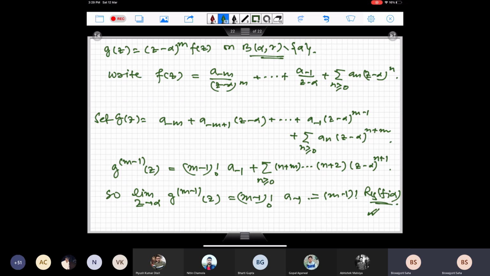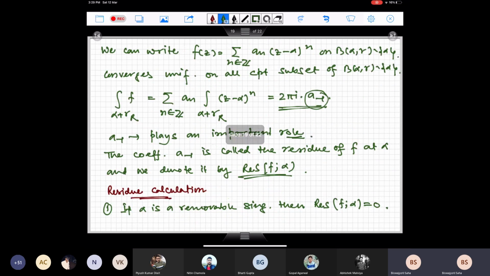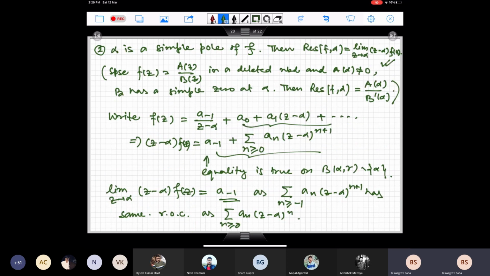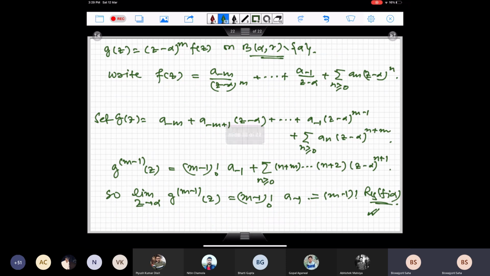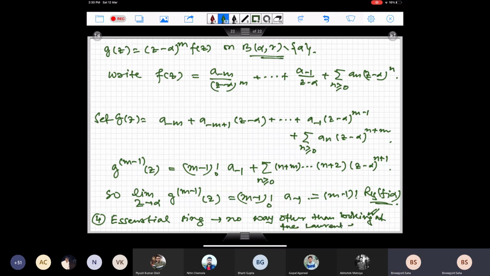Now the point is, the first case was about removable singularity, and the subsequent cases were about poles. You can ask me what we can say about essential singularity. In the case of essential singularity we don't have any luck. There is no way other than looking at the Laurent expansion.